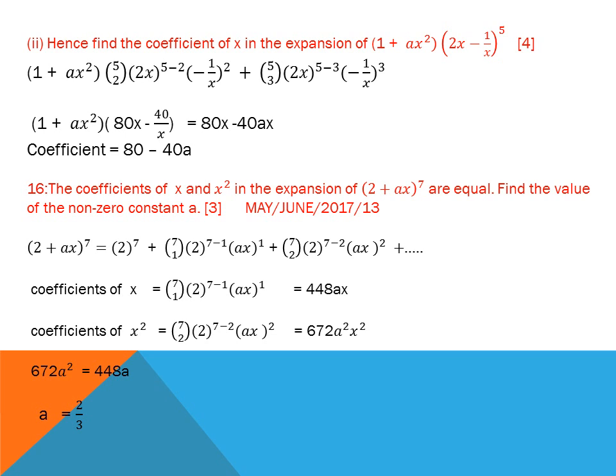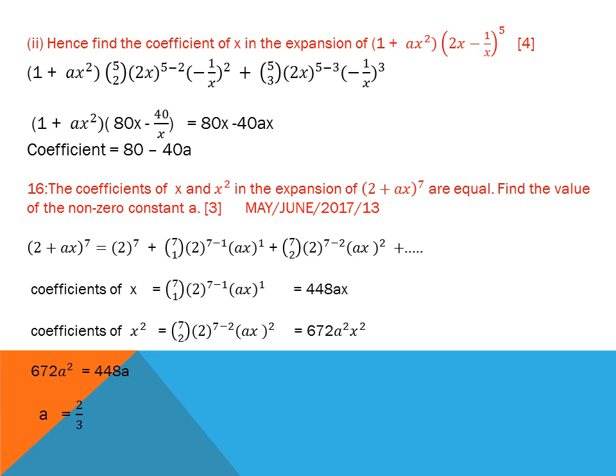The coefficient of x and x square in the expansion of this are equal. Same like the previous question. We will find the coefficient of x and x square and equate these to find the value of the non-zero constant a. When I expand this, the first term takes variable x and the second term takes variable x square. I solve the second term 7C1.